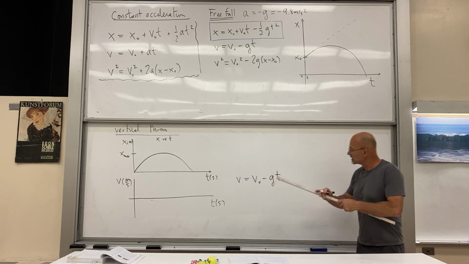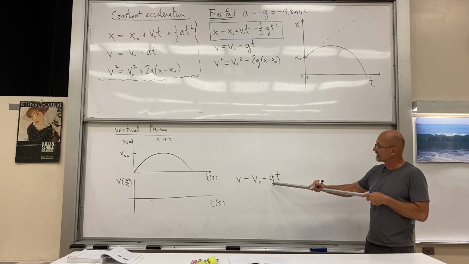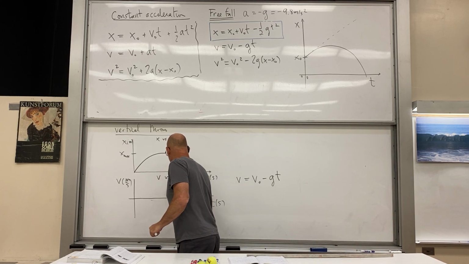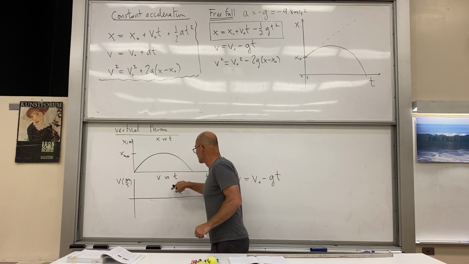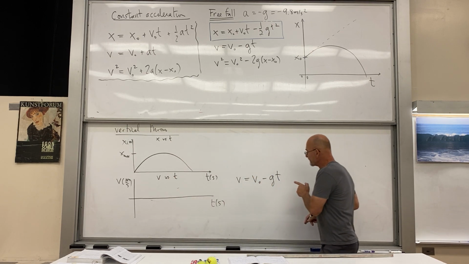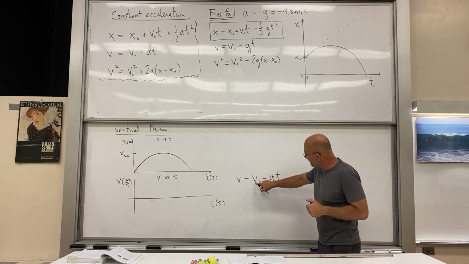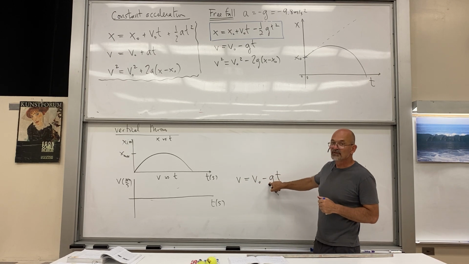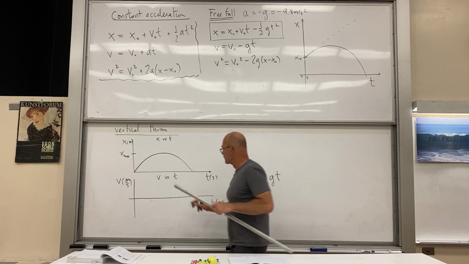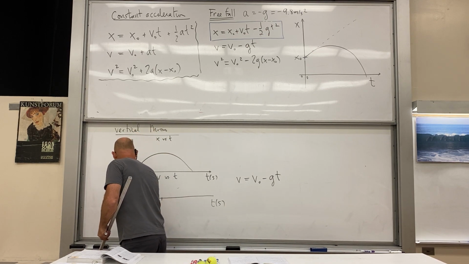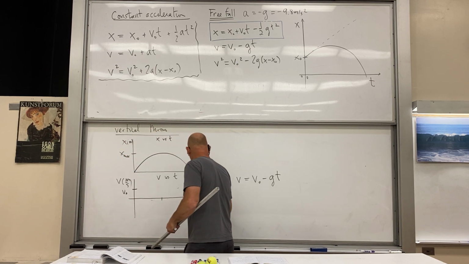But what does this thing look like if you graph it? I'll just have a V versus T. What does this look like? It looks like a straight line with an intercept at V0 and a negative slope.